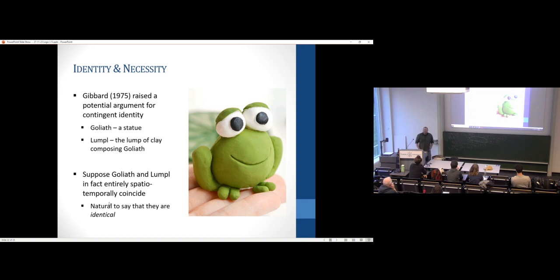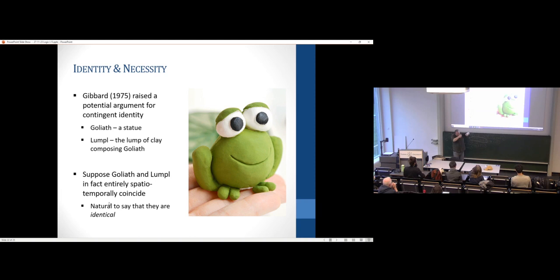And let's suppose, it's not really going to work for this, but there's a weird kind of scenario where Lumpel and Goliath, in fact, entirely spatiotemporally coincide. So that is, our sculptor is extremely skillful. And they have a big block of clay.